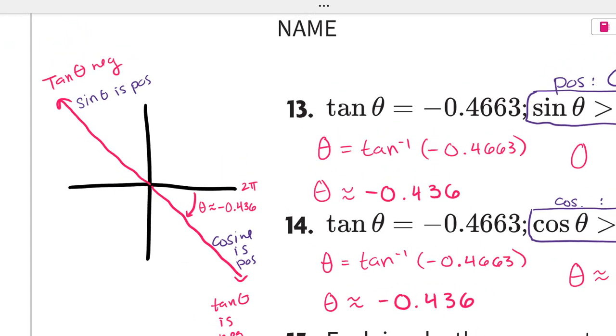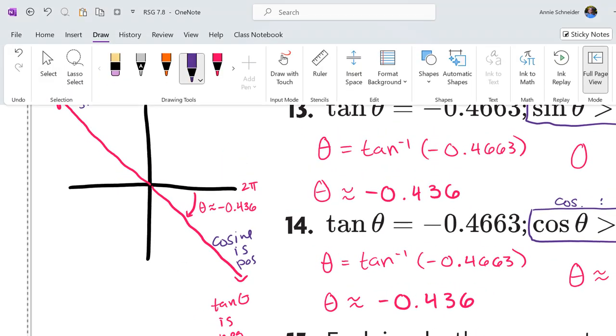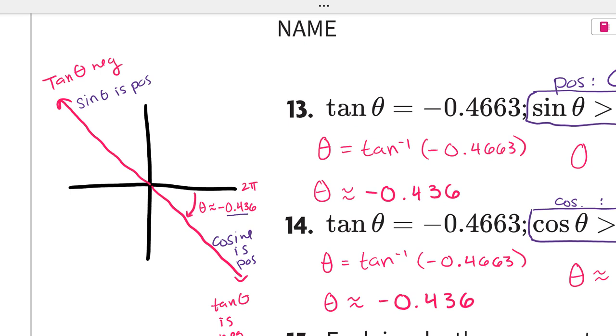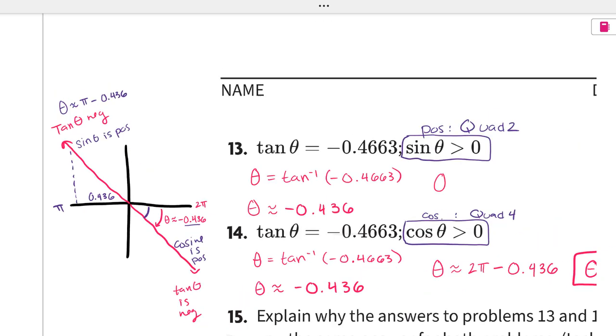So let's think of quadrant 3. This is the horizontal gap, and our gap here is 0.436. I'll use the positive. If I think of this as a triangle, that's the angle inside that triangle. So for this quadrant, my theta is going to be pi minus 0.436, instead of 2 pi.